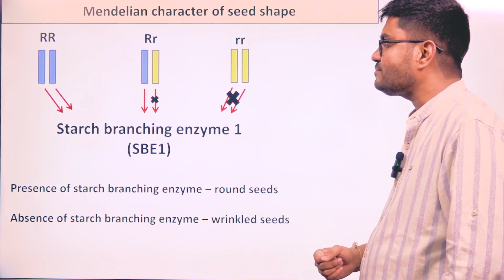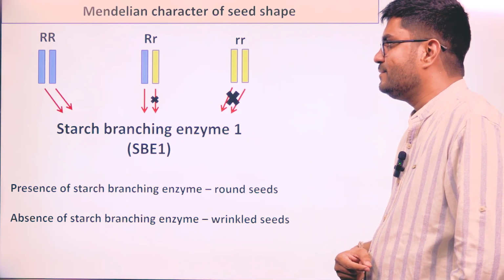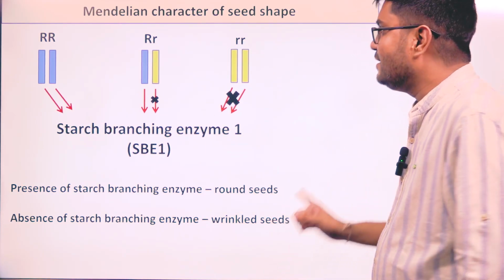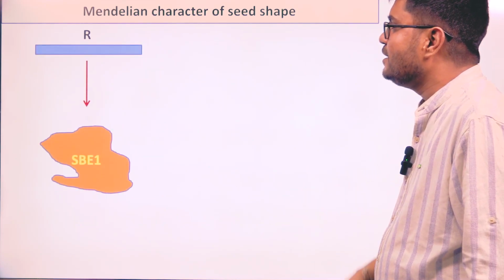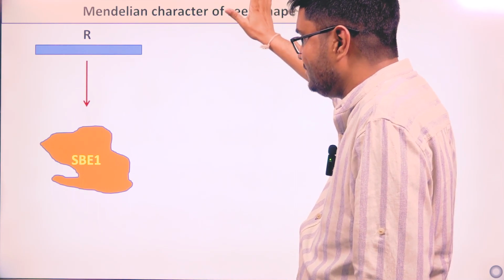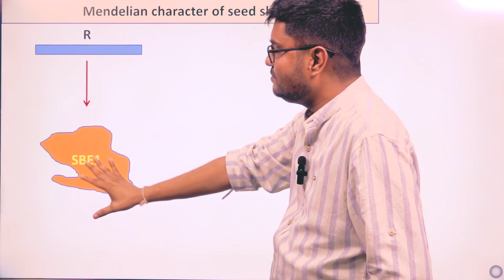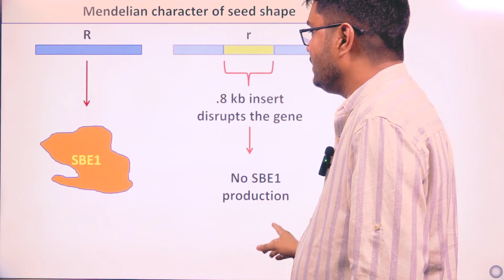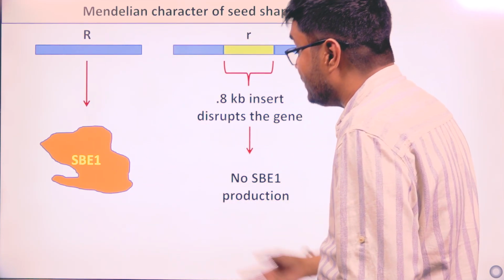Wrinkled. Now the second question. From where is this small r allele coming? Let's see. So the capital R, which is the normal wild type allele, which is giving us a functional starch branching enzyme 1, is giving us the phenotype, the result.